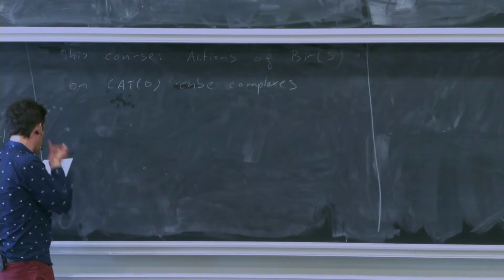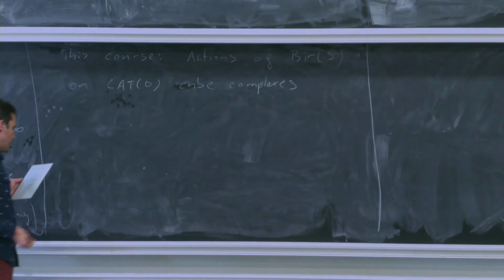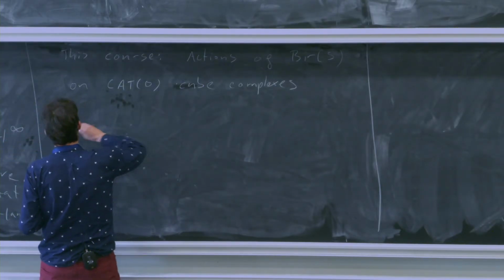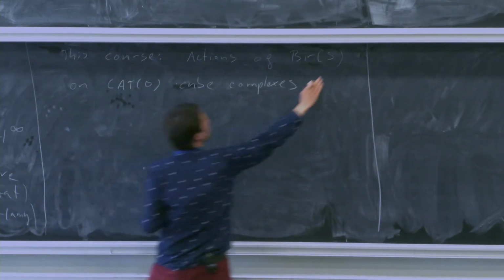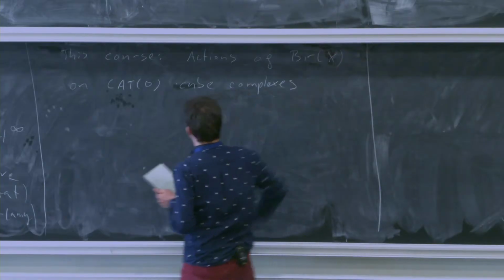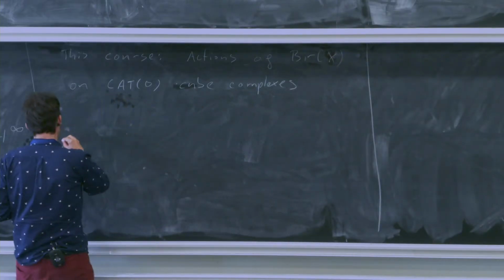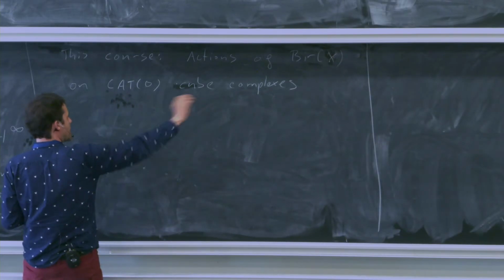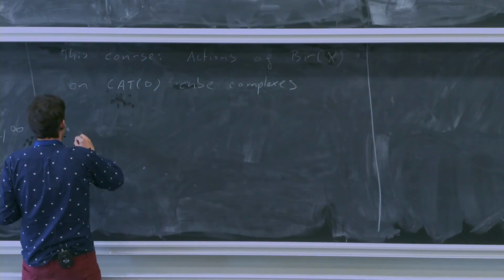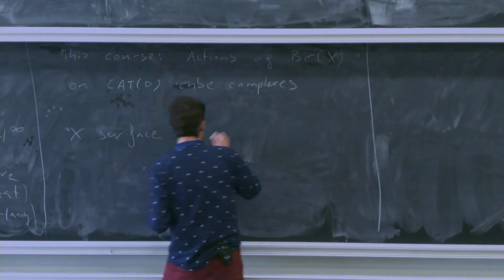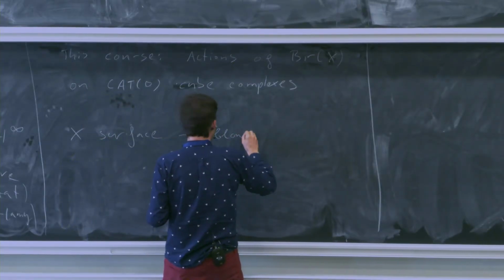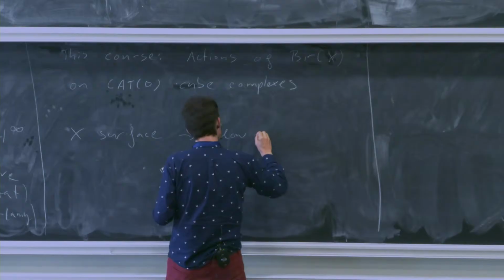And so, okay, what we will do is basically we will look at various actions of Bir(X), because some of the cube complexes will work for any variety. So if X is a surface, we will consider the so-called blow-up complex.